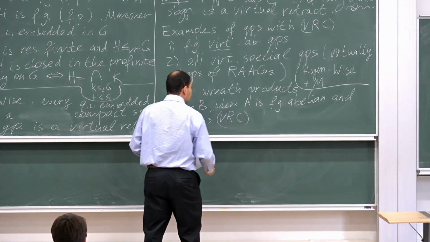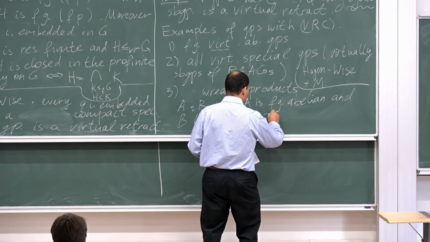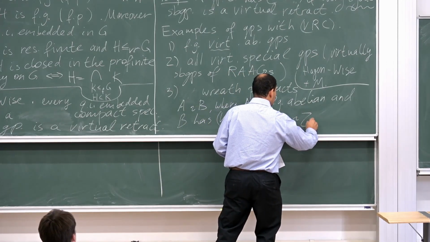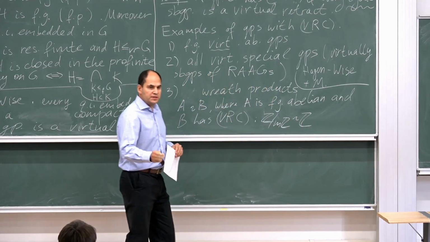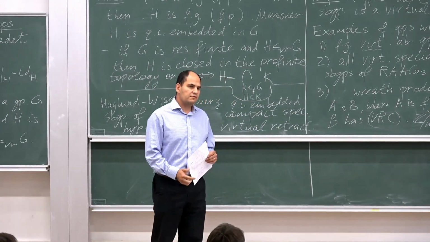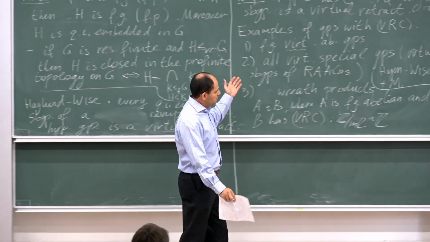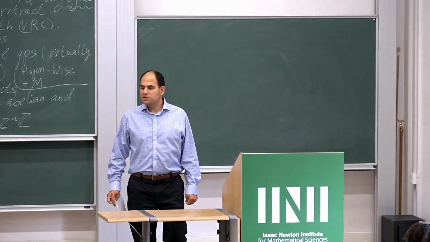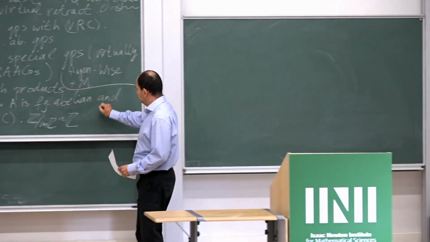So what's an example? For instance, your favorite lamplighter groups, or just Z wreath Z, they are of that kind. So this is a different type. They are not virtually special. These guys contain very big torsion, but VRC is fairly basic.